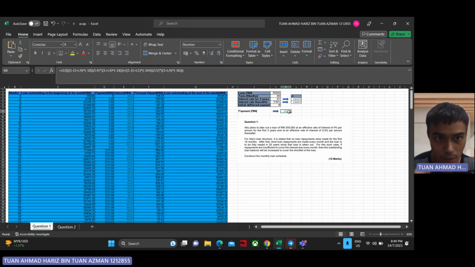and then multiplied with the bracket 1 plus the interest rate for the first 3 years, 4%, multiplied with the n, which is negative 18, close bracket, and then plus the bracket 1 minus the bracket 1 plus I for thereafter, which is 5.5%, close bracket, multiplied with the power of negative 264, close bracket, and then divided by the I of thereafter, which is 5.5%, close bracket, and then multiplied with 1 plus I for the first 3 years, multiplied with the power of negative 36, close bracket.